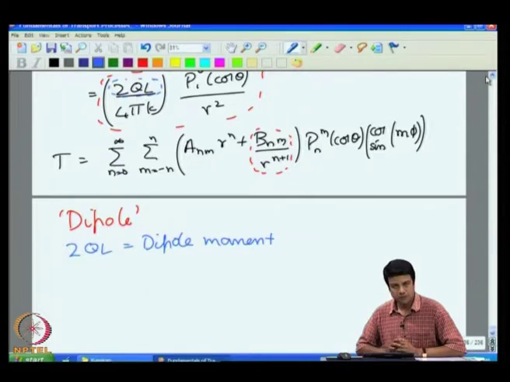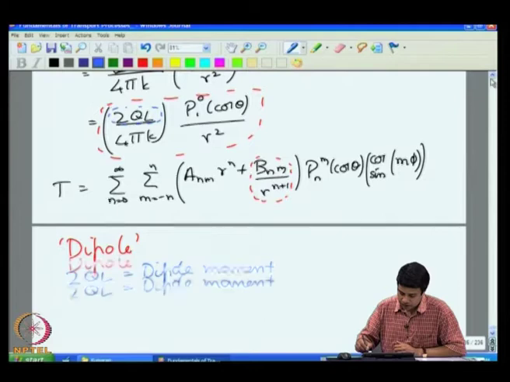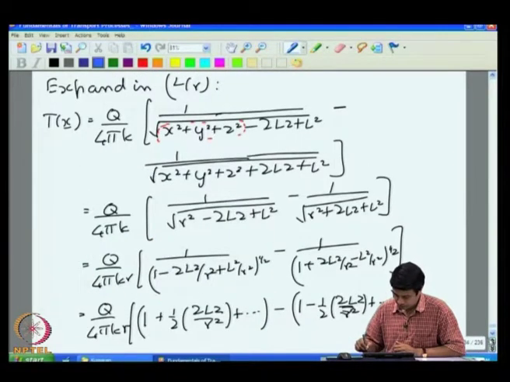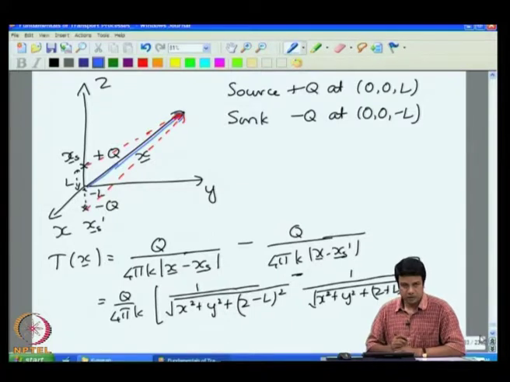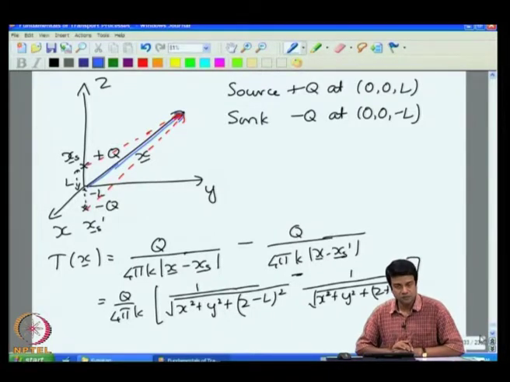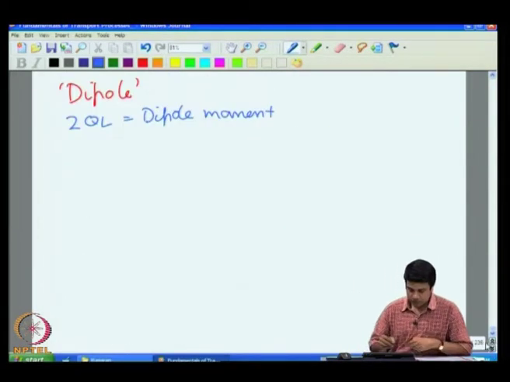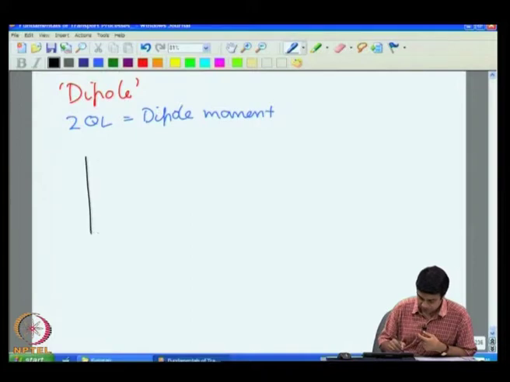For m is equal to 0, we had a dipole that was aligned along the z axis, that is, the separation between the source and the sink was along the z axis. Okay. One could solve equations for n is equal to 1 and m is equal to plus or minus 1.